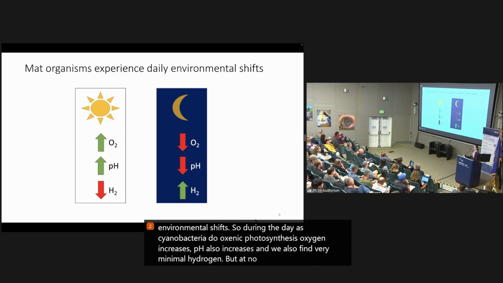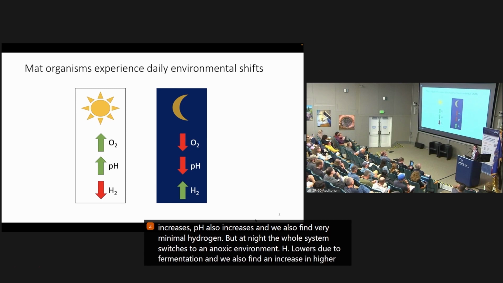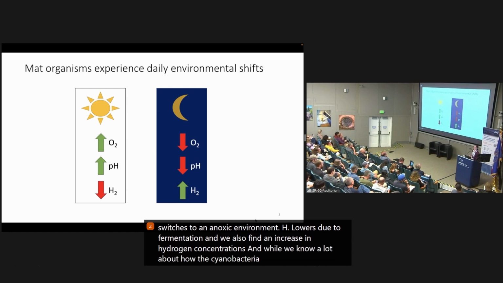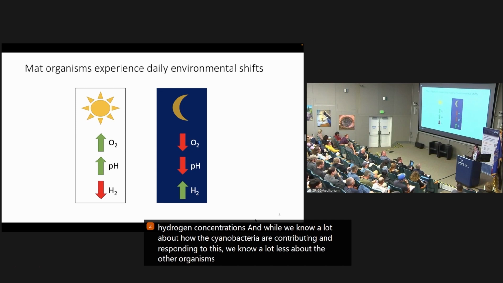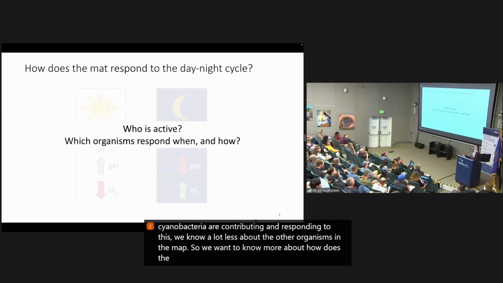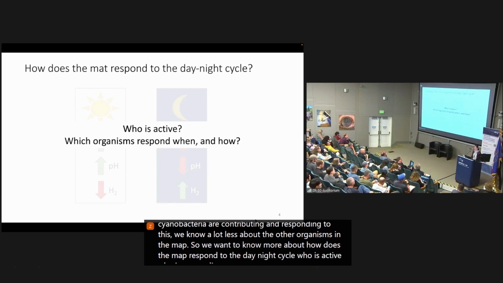But at night, the whole system switches to an anoxic environment. pH lowers due to fermentation, and we also find an increase in hydrogen concentrations. While we know a lot about how the cyanobacteria are contributing and responding to this, we know a lot less about the other organisms in the mat. So we want to know more about how the mat responds to the day-night cycle, who is active, who is responding when, and how.